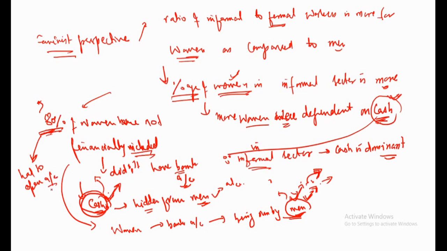Those women who did not have an account had to open accounts, and then they suffered, because when you have to open accounts, you need a birth certificate, identity cards, and you have to fulfill the KYC norms. So this is the feminist perspective. We say that women were impacted more as compared to men.